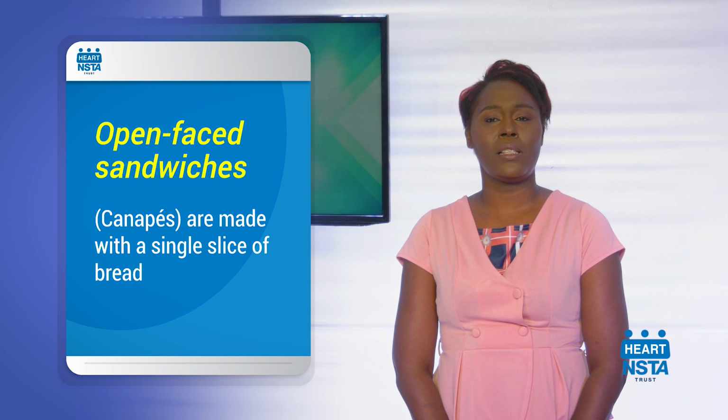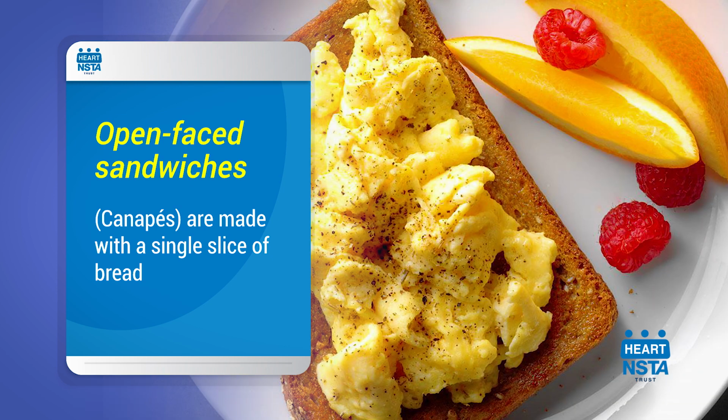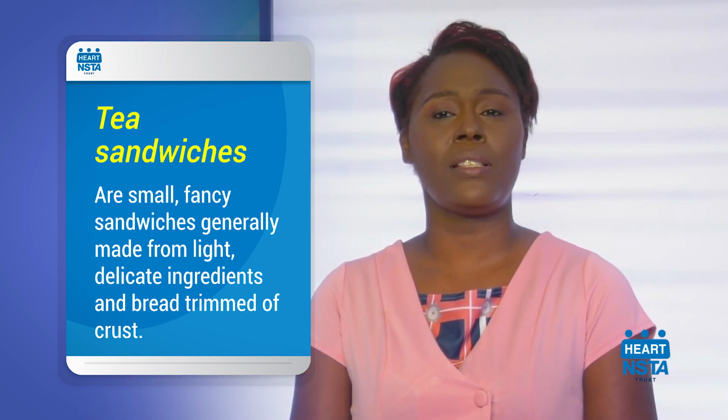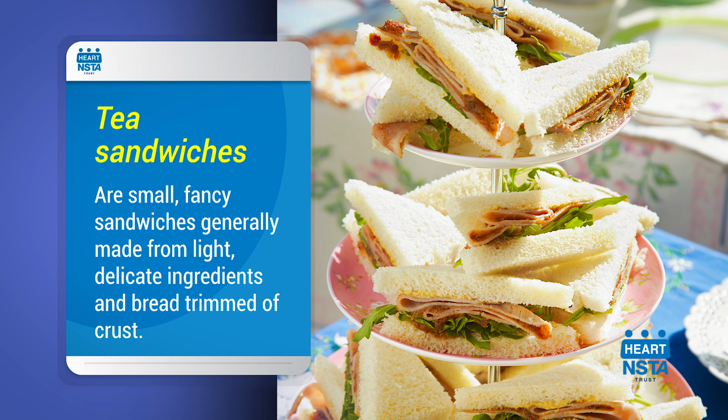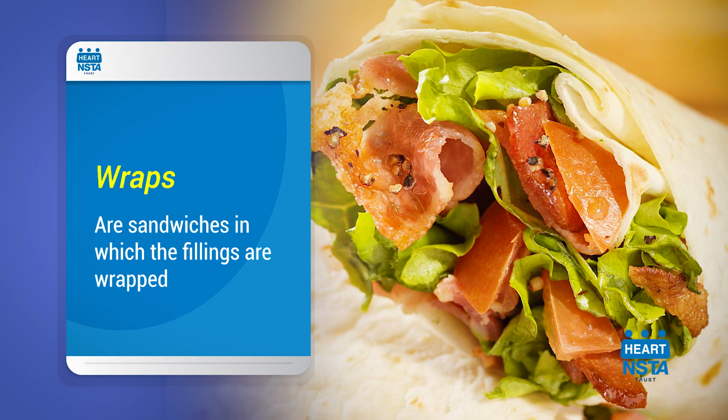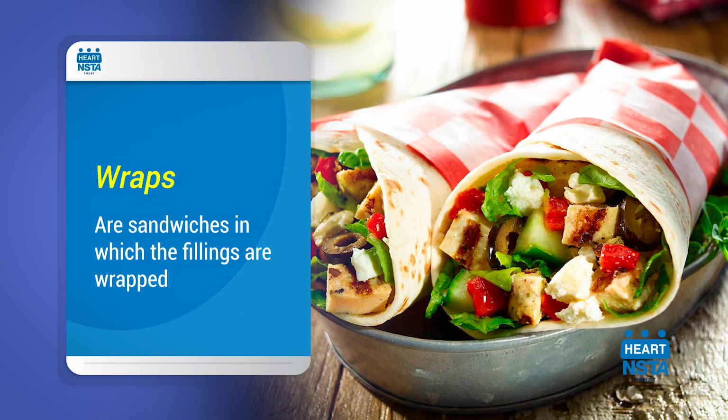Open-faced sandwiches, also known as canapes, are made with a single slice of bread. Tea sandwiches are small, fancy sandwiches generally made from light, delicate ingredients and bread trimmed of crust. Wraps are sandwiches in which the filling is wrapped.